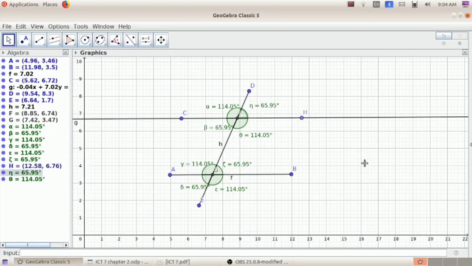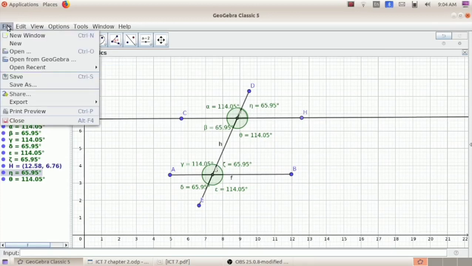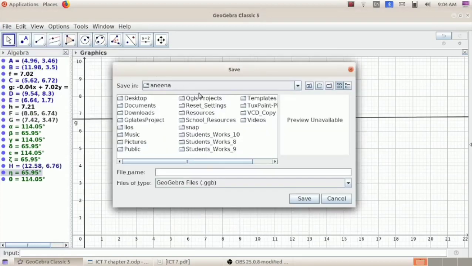Now let's save this file into our folder. How to save a file created in GeoGebra software, that we have learned in our last class. So go to the File menu. From that select Save. Then a window appears. From here we have to select the location where this file should be saved. So I'm selecting the Home folder.